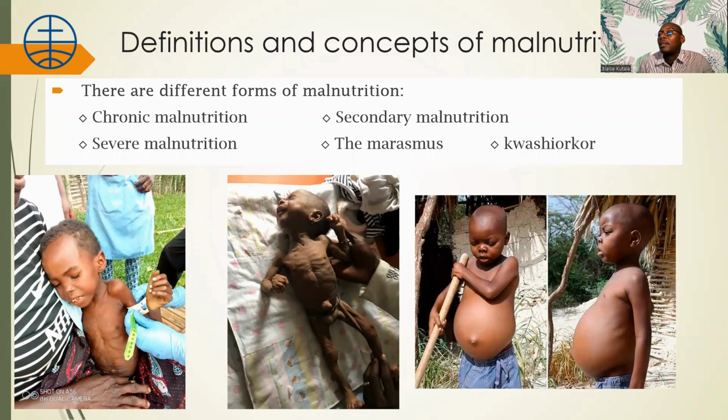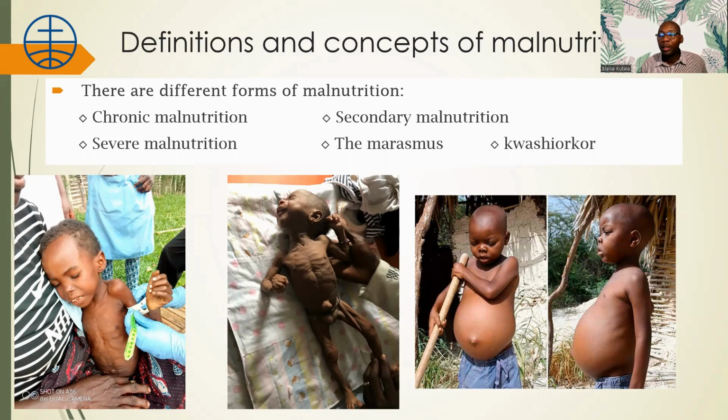There are different forms of malnutrition. First, chronic malnutrition is often the result of a lack of food quality rather than quantity. It's a long-term condition and is characterized by the delay of growth.